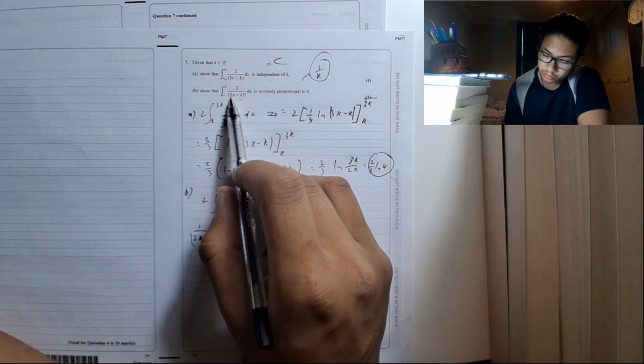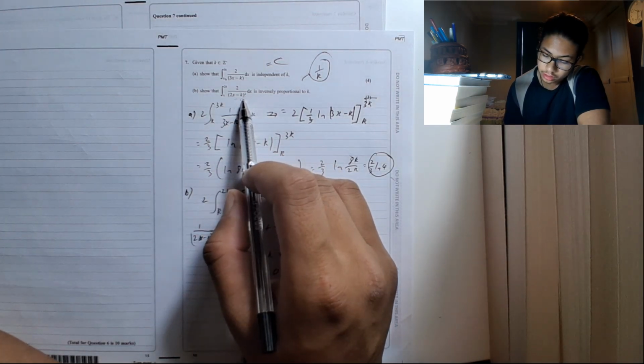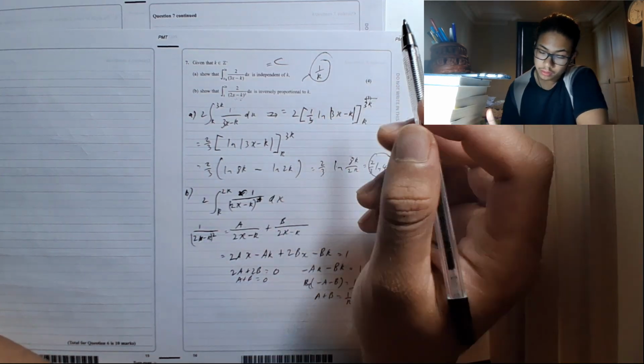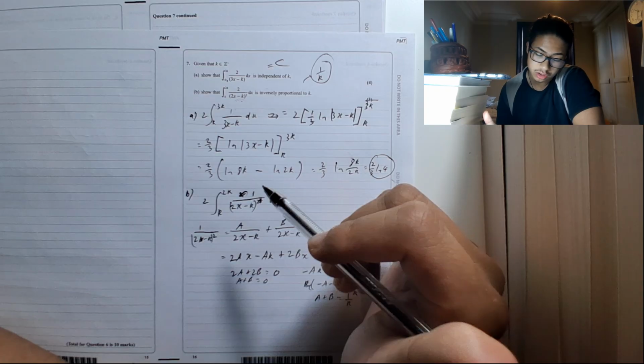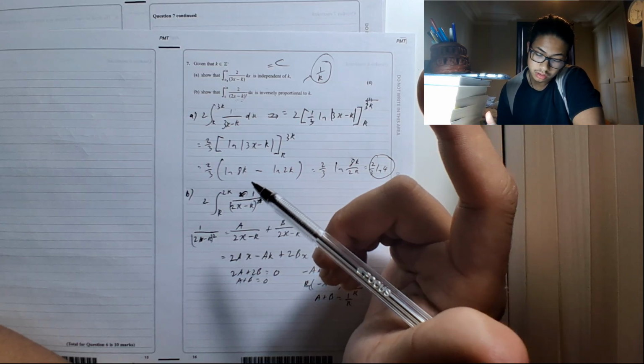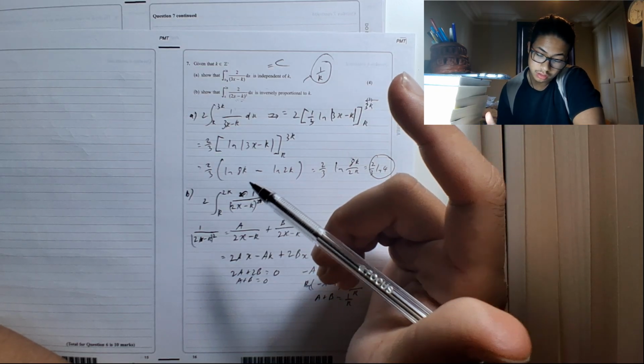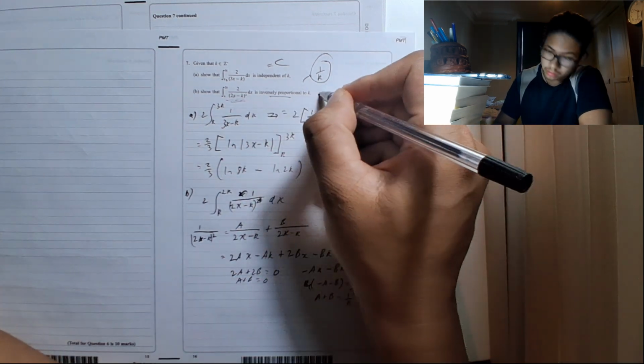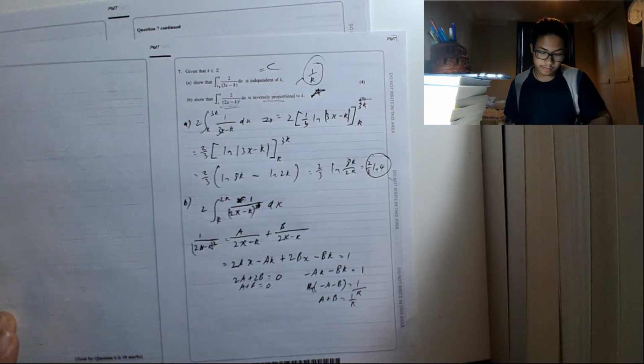If I expanded this, it wouldn't even help me. What are the integration methods I know? Partial fractions, substitution. Actually, let's put a star on this one. Don't waste too much time.